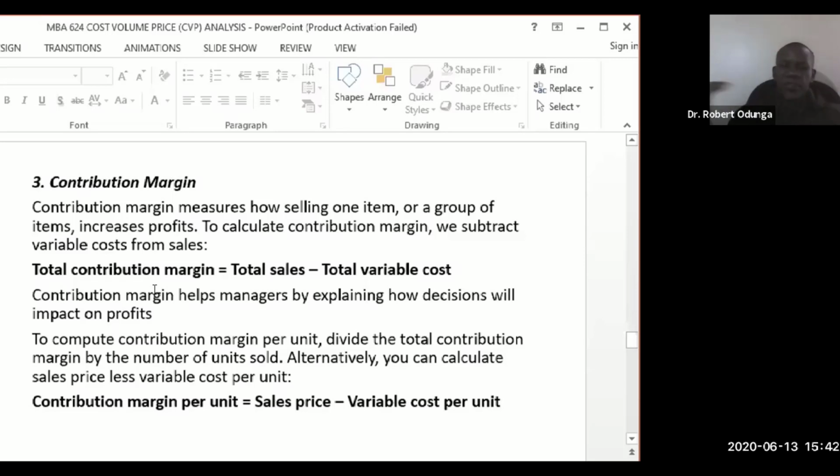So as much as you can get it in terms of the total sales and the total variable cost, you can also get it in unitary terms, in terms of selling price, because selling price is per unit, and in terms of variable cost per unit. Depending on what you're given or what you can get, you can use the unit way or the total cost and total sales way.